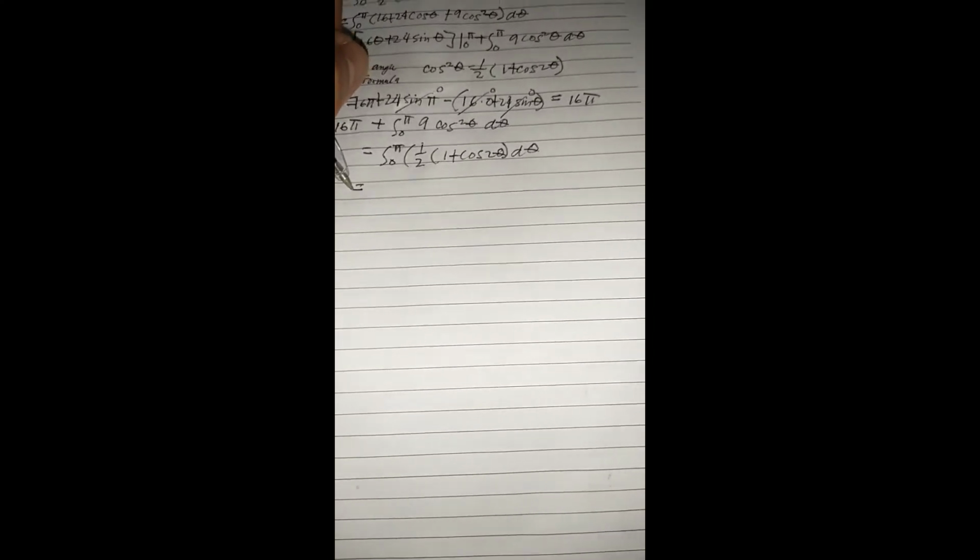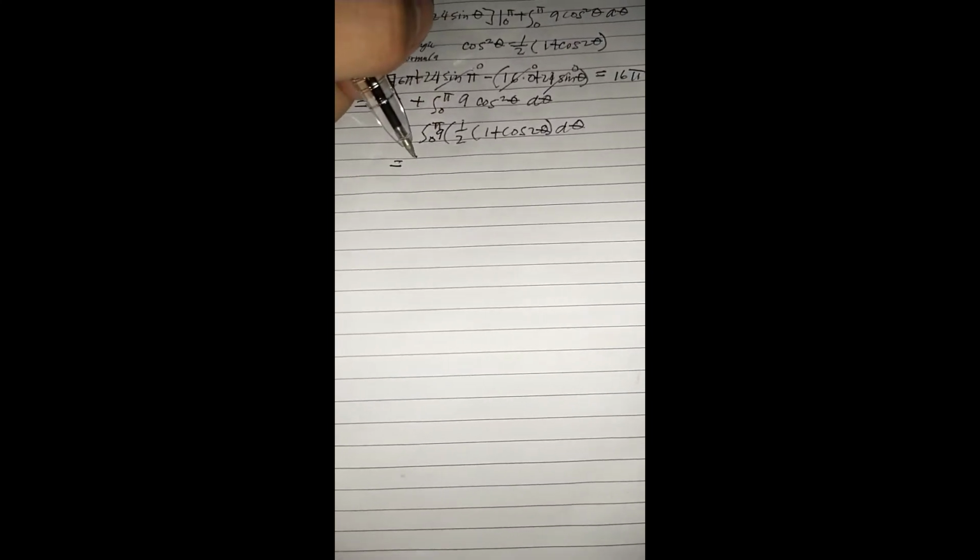So this equals to... there is a 9 here, I forgot. So this is equals to 9 over 2 integral of 0 to pi 1 plus cosine 2 theta d theta.